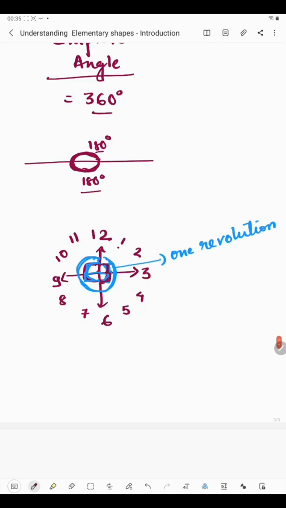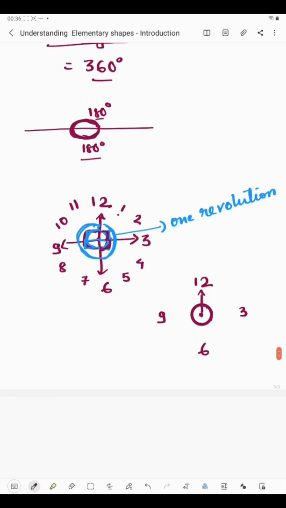Now suppose the hand of a clock starts at 12, goes round until it reaches 12 again. That means this way, isn't it? Here, has it not made one revolution? Because if it moves like this full round, that means one complete revolution.